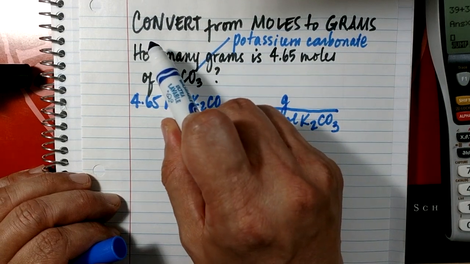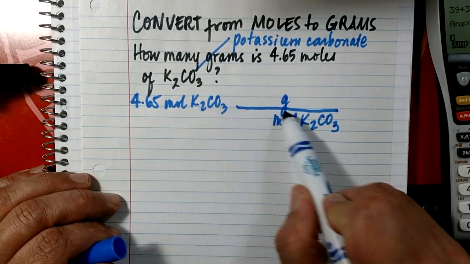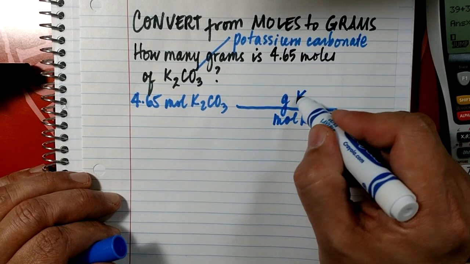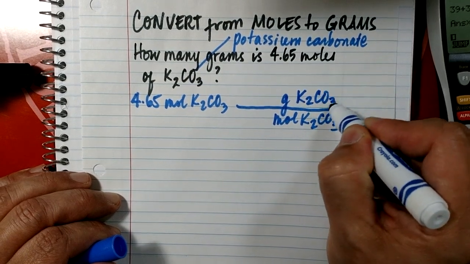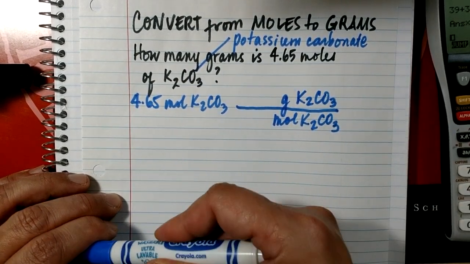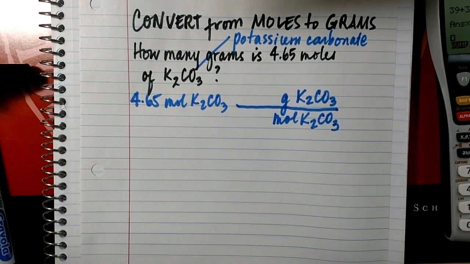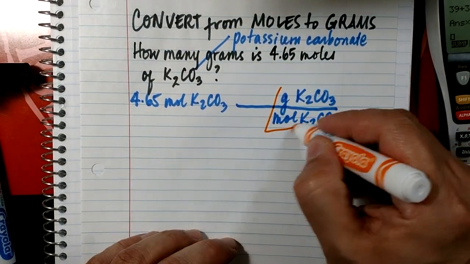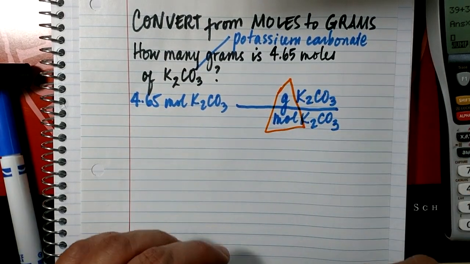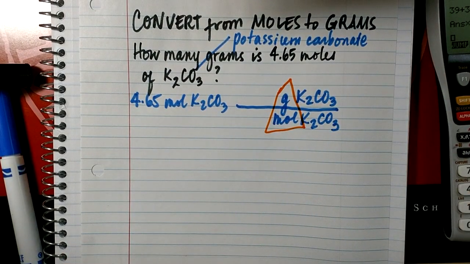It could also be phrased as convert from moles to grams, and so that's why grams goes on the top of the conversion. You have to realize that this conversion factor is the relationship between grams and moles. This is the molar mass.